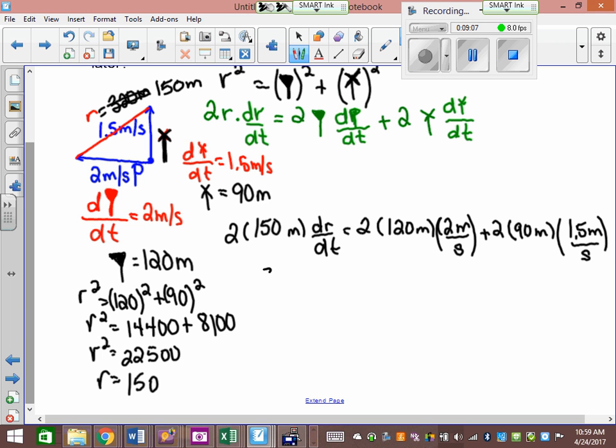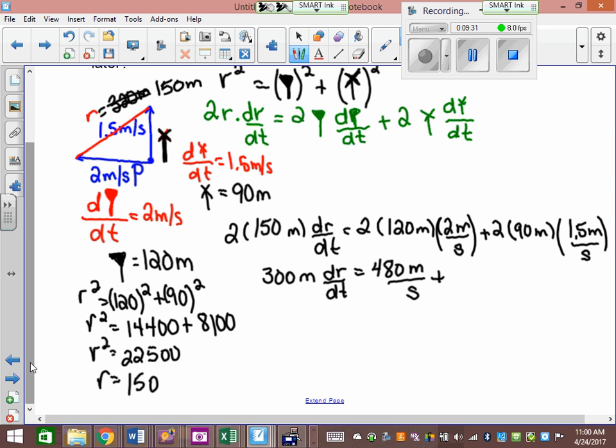So you're going to get 300 meters equals 240, 480. And 80, 360, 450.